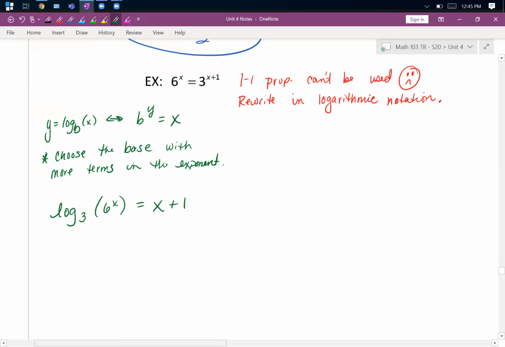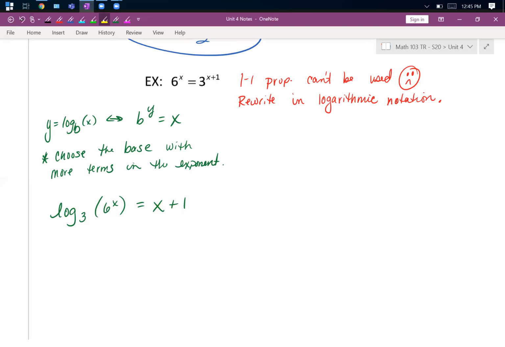Now, one of our 2 x's is accessible, but the other one's not. The other one's actually in a worse spot than it was because not only is it in an exponent, but it's also inside the argument of a log. So we want to get it out of both of those places. We don't want it in the log. We don't want it in the exponent.